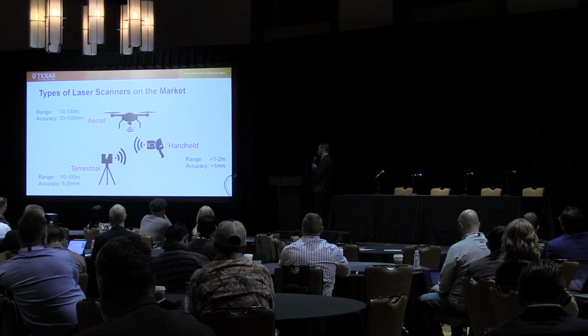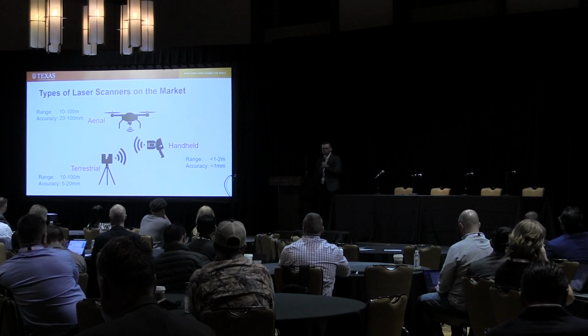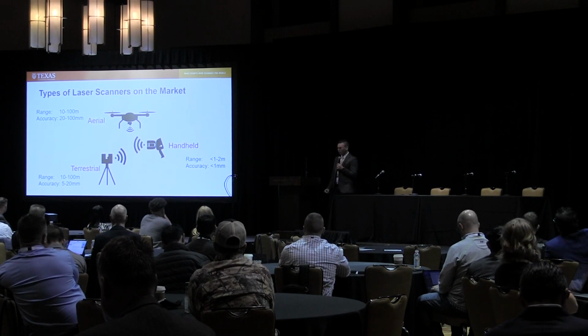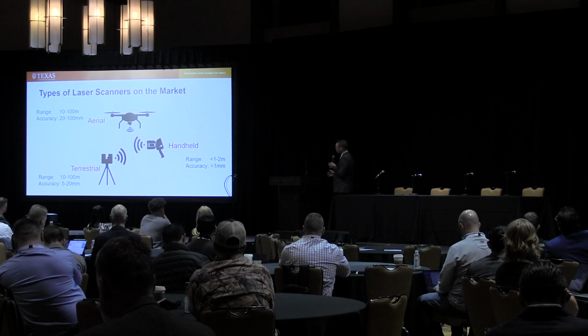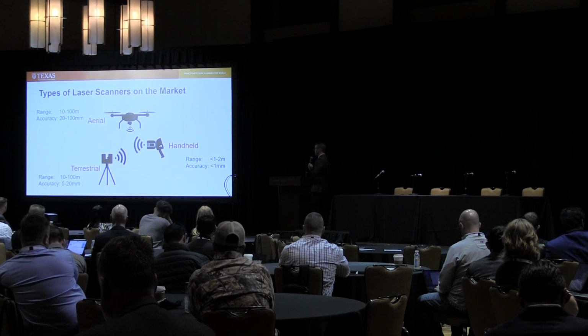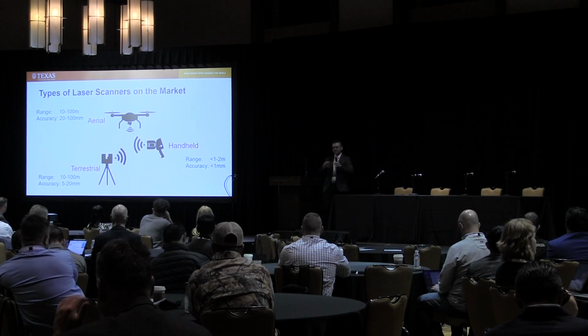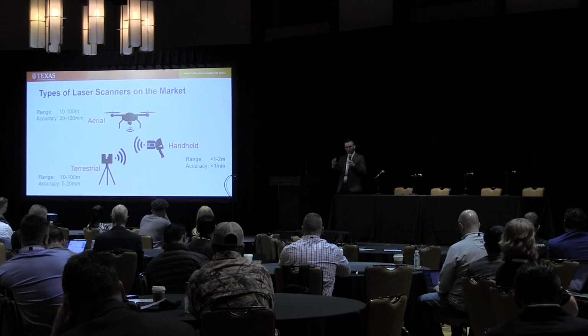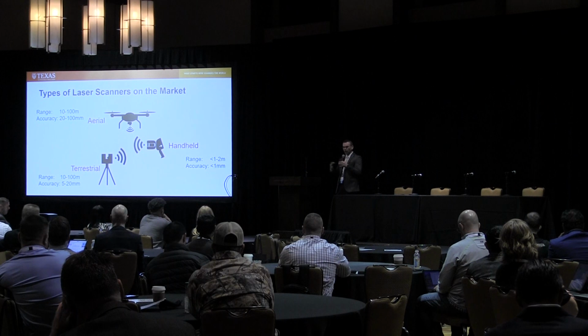And then finally, to help ground the conversation today, we have terrestrial laser scanners. These are sort of middle of the road in terms of these technologies. Interestingly, you can achieve a fairly similar range as aerial-based laser scanners, because the devices themselves tend to be much more powerful. These are tripod-mounted units, and so you can typically scan in the same range, although you have to do a lot more traversing.